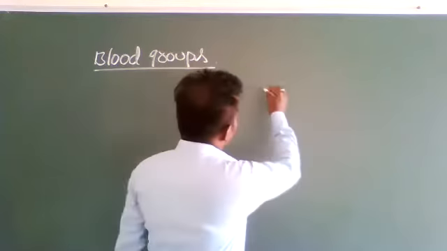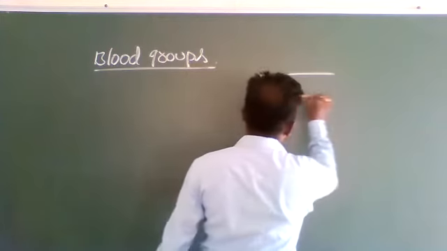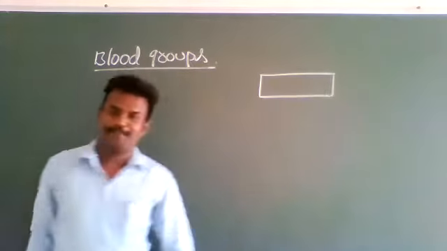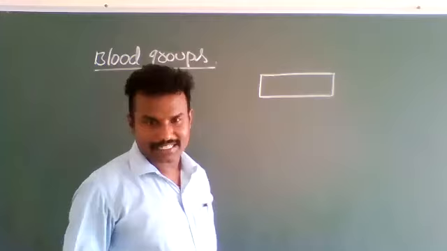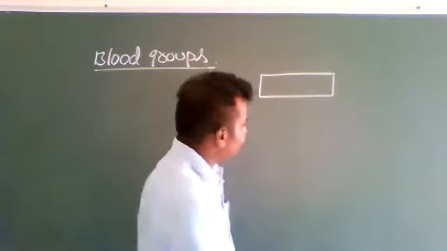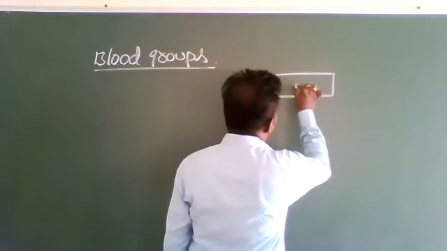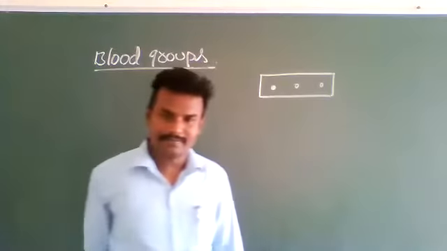If you go to any blood diagnosis lab, they will take a slide. They will prick with a needle and take one drop, a second drop, and a third drop.